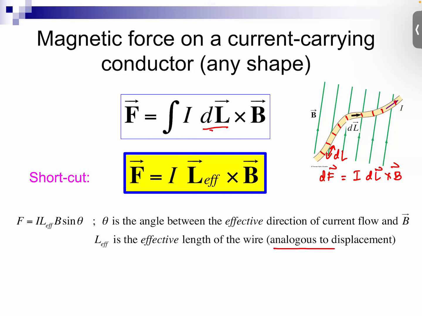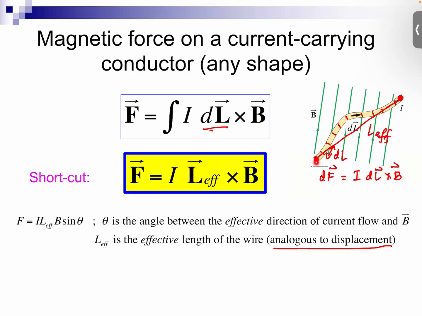The effective length is similar to the concept of displacement. So you're just looking at 2 points along the wire where you want to find the magnetic force. Say you're looking at these 2 endpoints. The effective length is just the straight line connecting those 2 endpoints, right? So it's exactly the same concept as displacement.